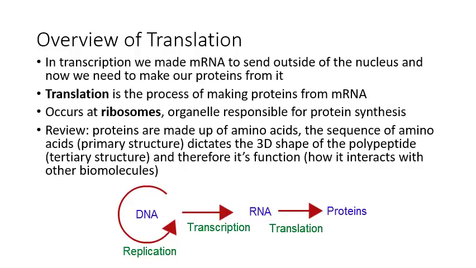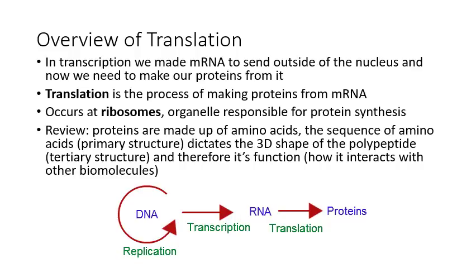So proteins are how the DNA really changes the cell's chemical environment. The DNA just contains the information, but the proteins are doing the work. And so we're translating from one type of biomolecule, RNA, to another type of biomolecule. So that's maybe the way we can think about translation. In transcription, we're just making a copy, so it's from DNA to RNA. But in translation, we're making a totally new biomolecule.